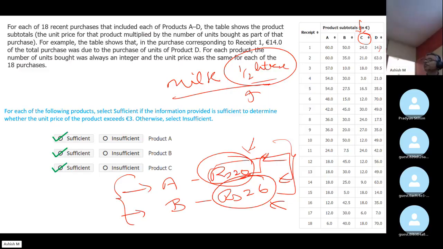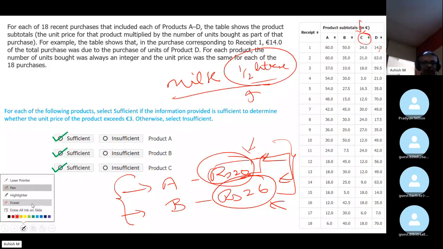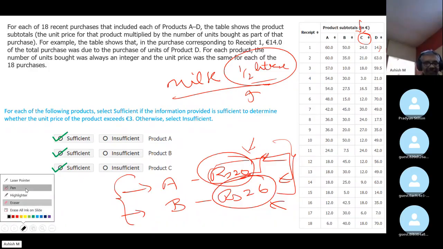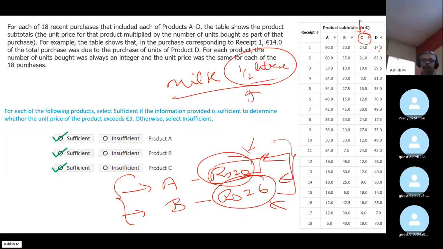What figures do you want me to assume here? 30 and 36. We can take any values. Let's say A got X number of packets for 20 rupees, we don't know the price, and B got Y number of packets for 36.